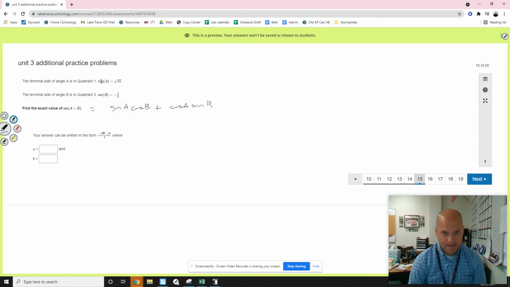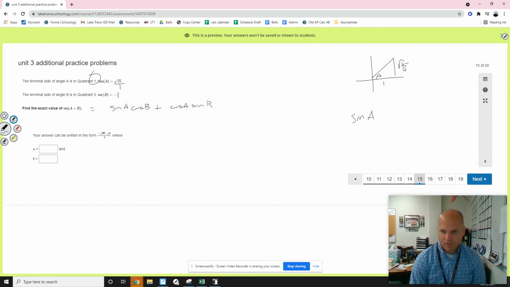Now I'm told the tangent of A is root 15. Break out a triangle, okay? Here's a triangle in quadrant 1. Tangent, TOA, opposite over adjacent, is root 15 over 1. Okay, great. Now, that's A. What's the sine of A?